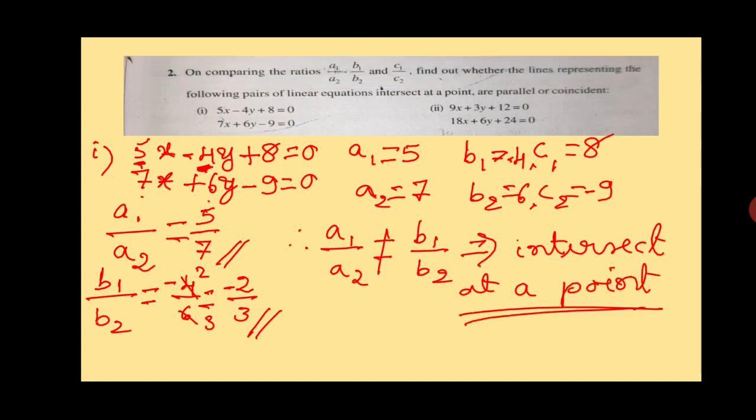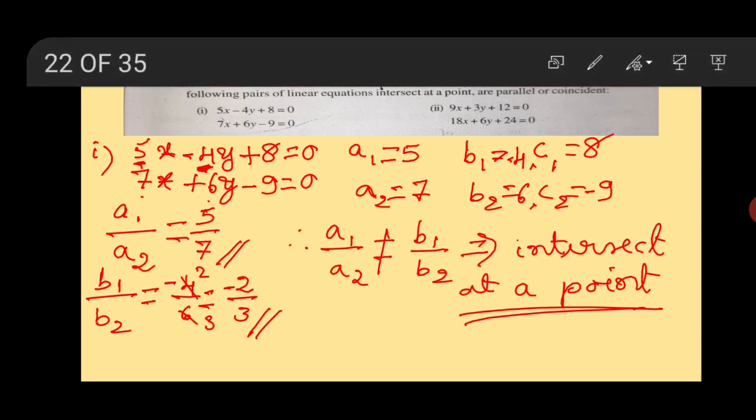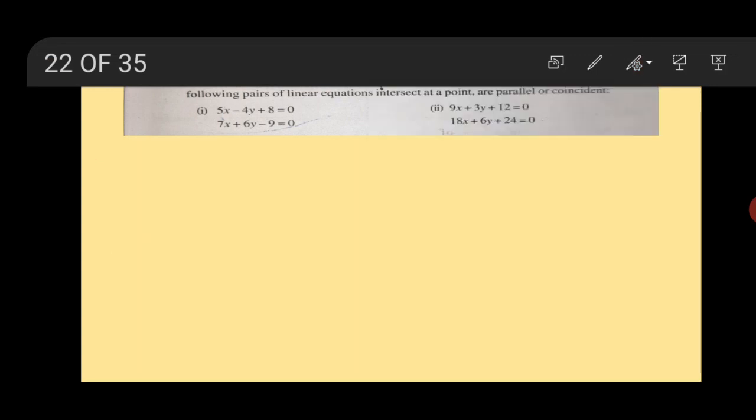Right. Now let us see one more problem. Second question: 9x plus 3y plus 12 is equal to 0 and 18x plus 6y plus 24 is equal to 0. Write down: it is already in general form.